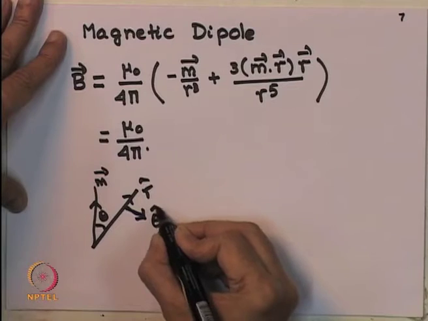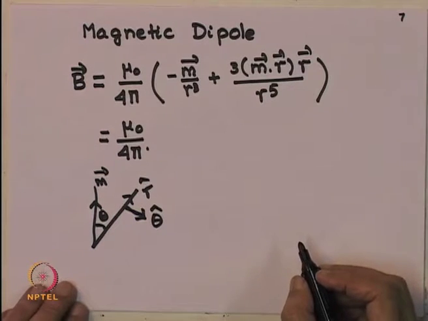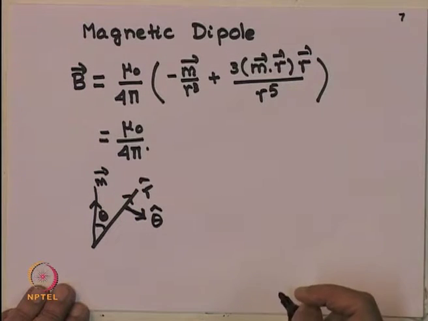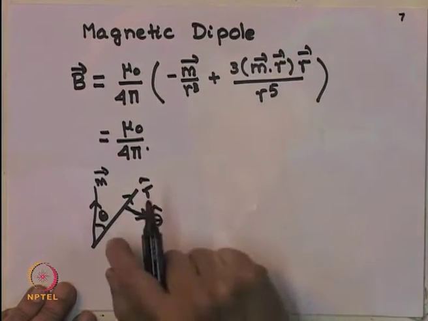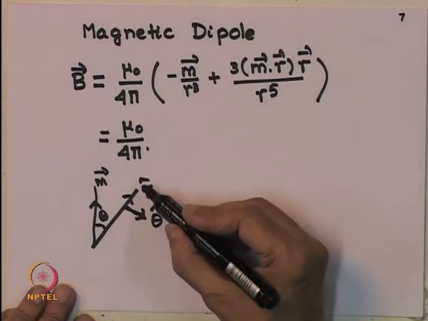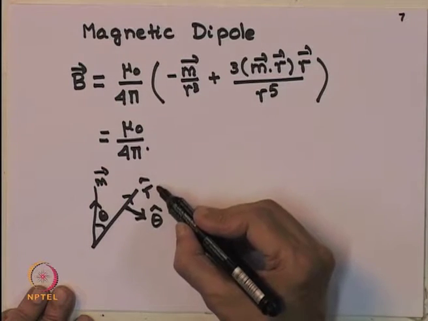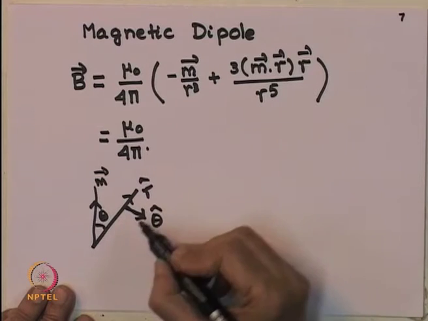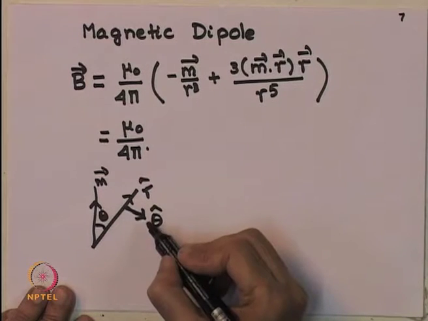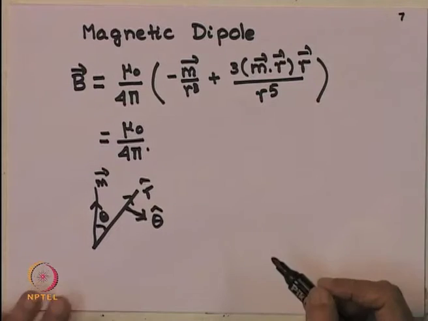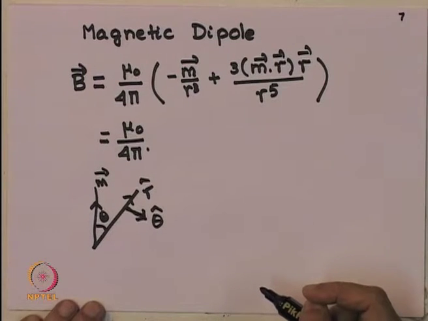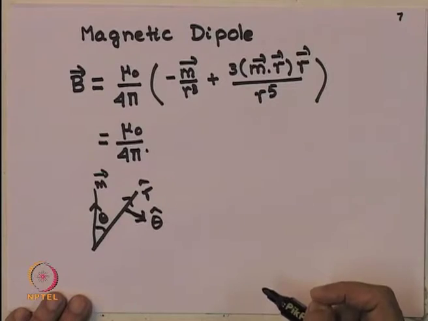You have to realize that we always define the direction of a unit vector as the direction in which the quantity increases, just as the outward direction of r, the direction in which r increases, is the direction of the radial vector. Similarly, the direction in which theta increases will be the direction of the theta vector, just as we define unit vectors along x, y and z as the directions in which x, y and z increase.